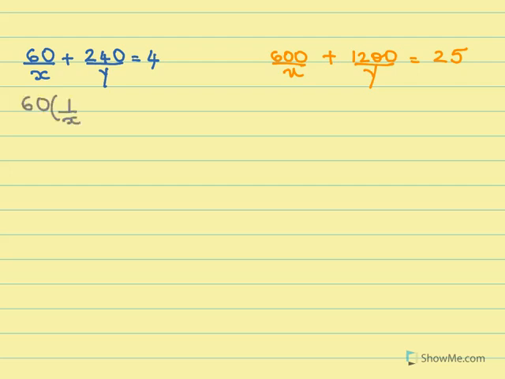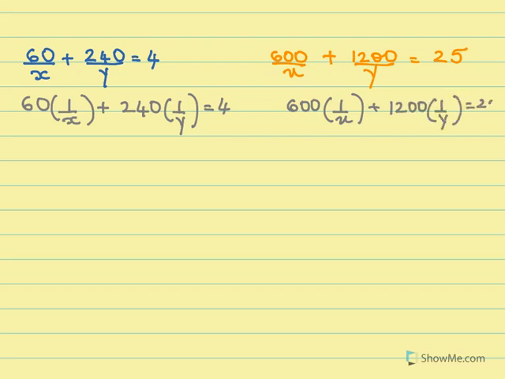Here the coefficient is 240 and the variable is 1 by y, equal to 4. 600 is the coefficient and 1 by x the variable, 1200 the coefficient and 1 by y the variable, equal to 25. Let 1 by x be equal to a and 1 by y equal to b.